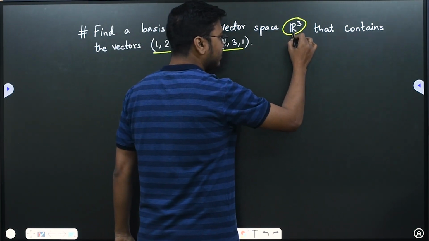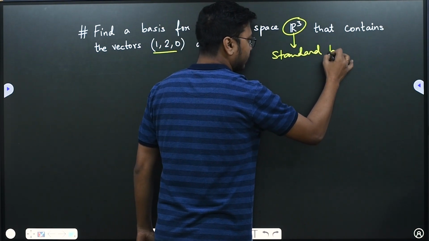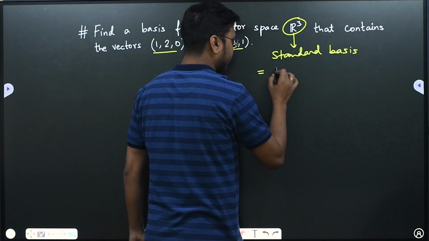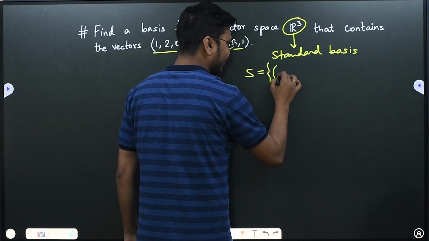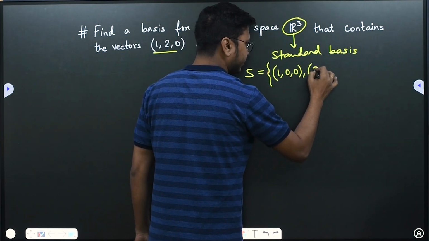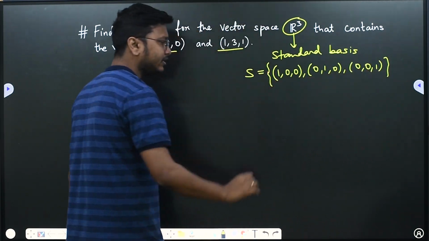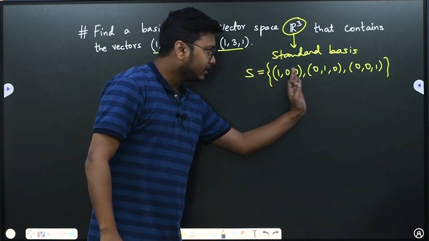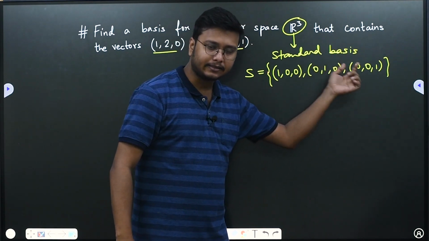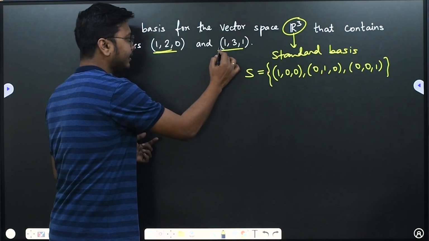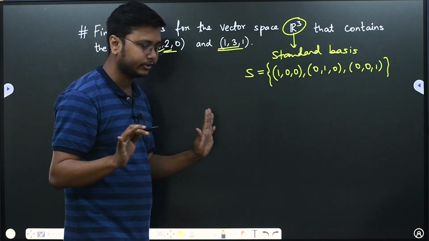I know the standard basis of R3, let me call that the set S, is (1,0,0), (0,1,0), (0,0,1). We know this is a standard basis. Since I know this is a basis, I am going to replace the elements in this basis by these elements and form a basis which contains these two elements. That's the simple process.